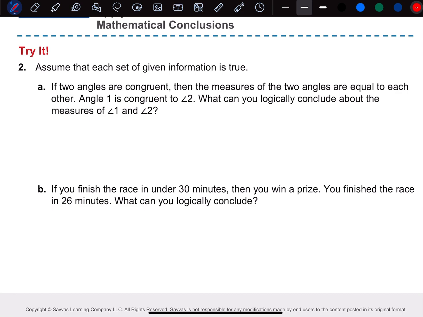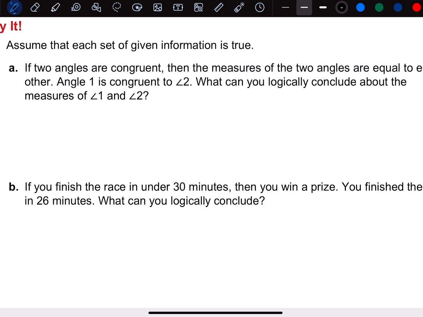First off, we need to pick out the key information. Identify P and Q. You don't need to write this down. This is already in your workbook, but I'm going to write it down. So P is two angles are congruent.